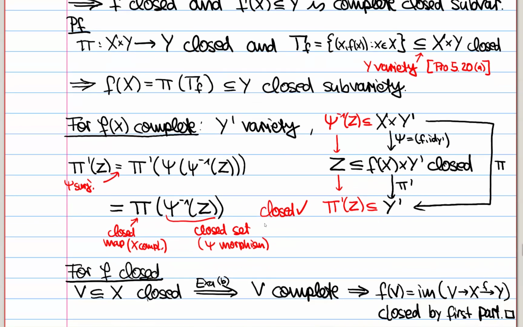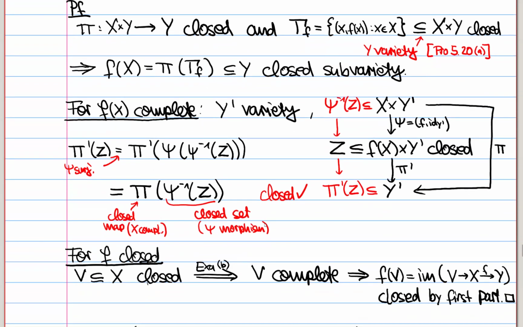And then the last part is not hard. We want to show that F is actually a closed map. It sends any closed set to a closed set. But if V inside X is closed and X is a complete set, then we had seen in this example that V is actually complete itself.